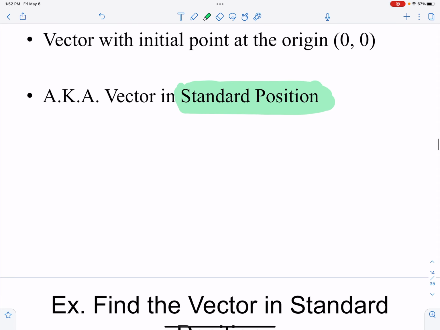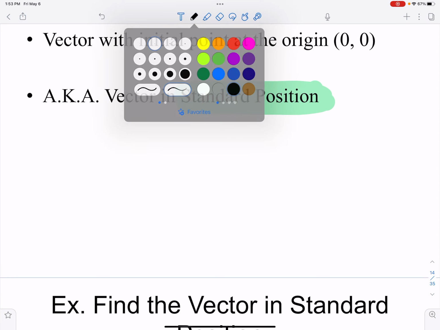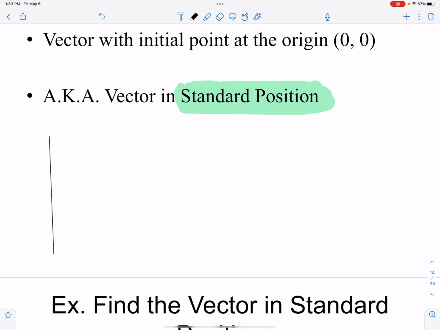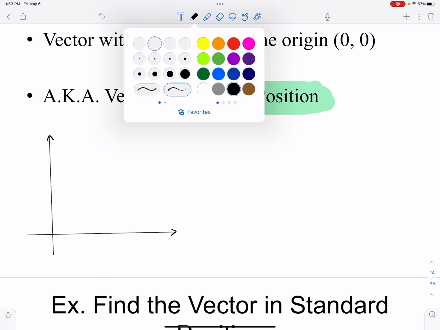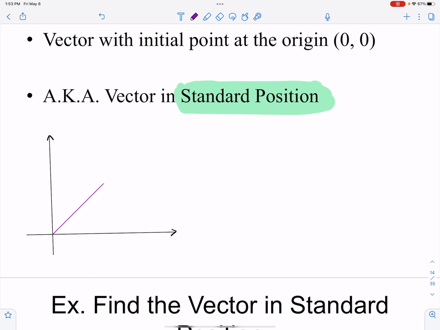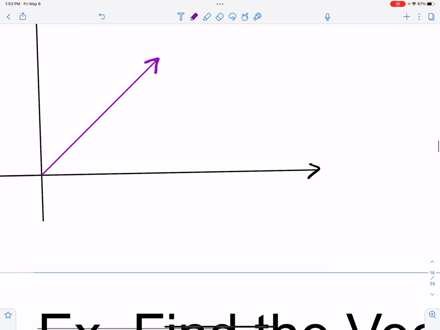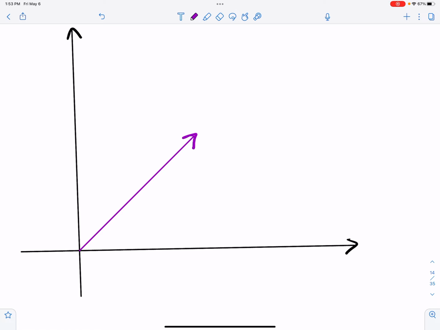So vectors in standard position, I'm going to draw a vector in quadrant 1, but a vector in standard position can terminate in any of the quadrants. So if this is our vector in quadrant 1, it starts at 0, 0, the origin, and then it terminates at some point a comma b, x comma y.